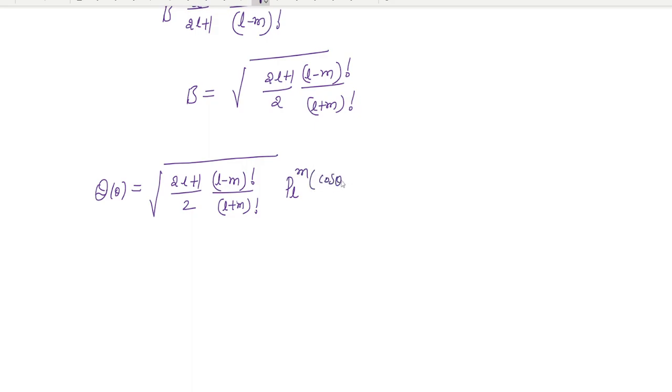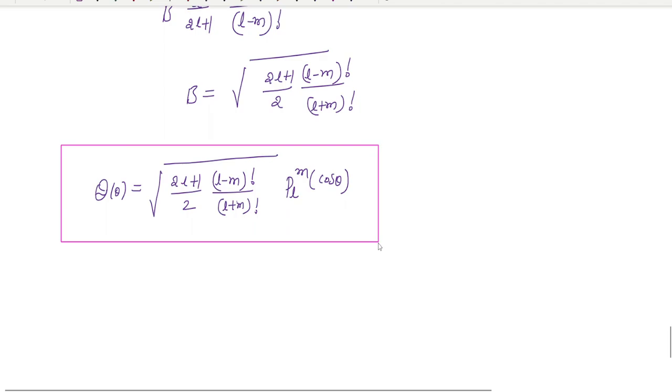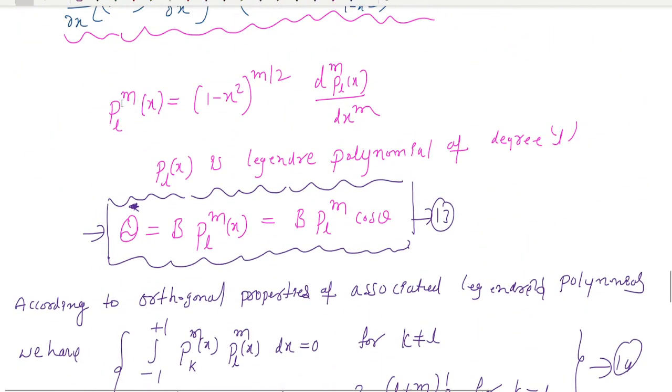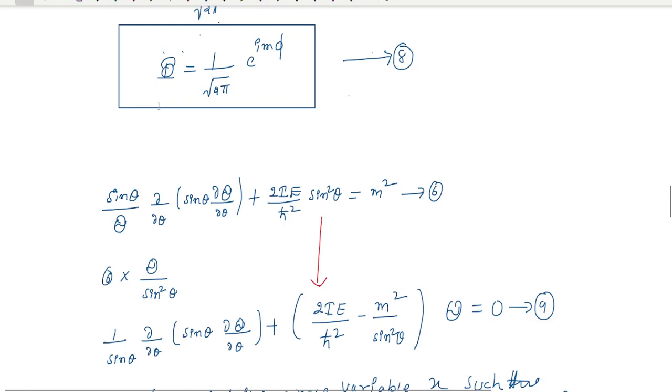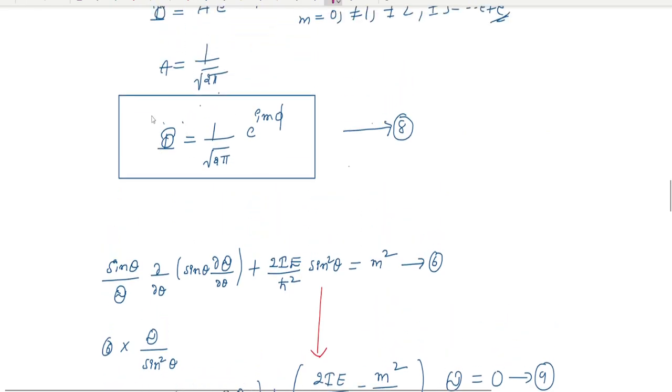In place of x I'm using cos theta. That's it. So we got different types of equation here. This is one, and one more solution is the phi solution. Where is our phi solution? Here, see this one, phi solution.